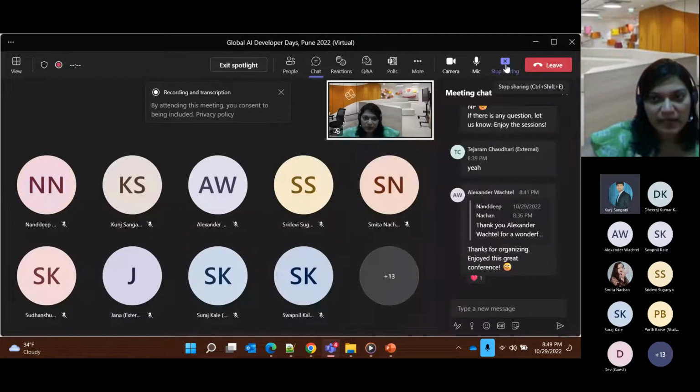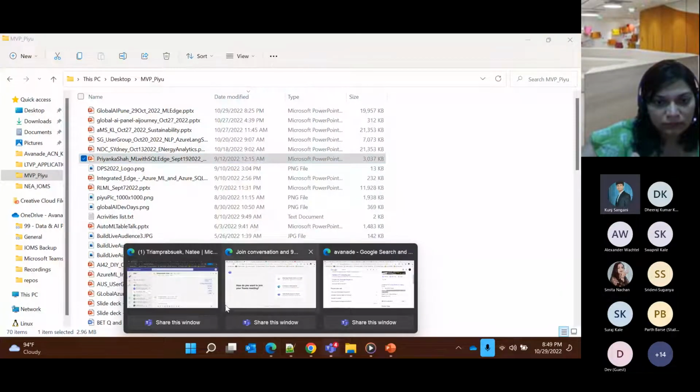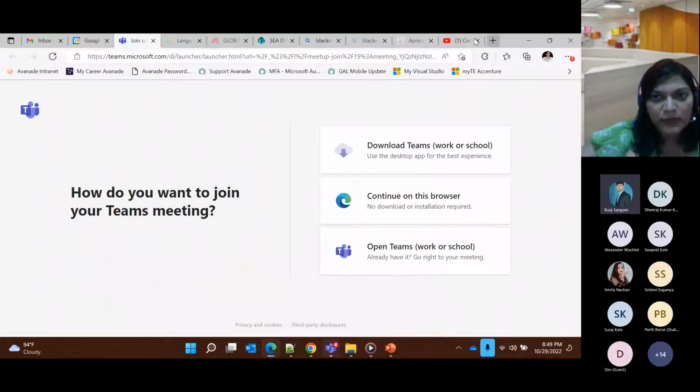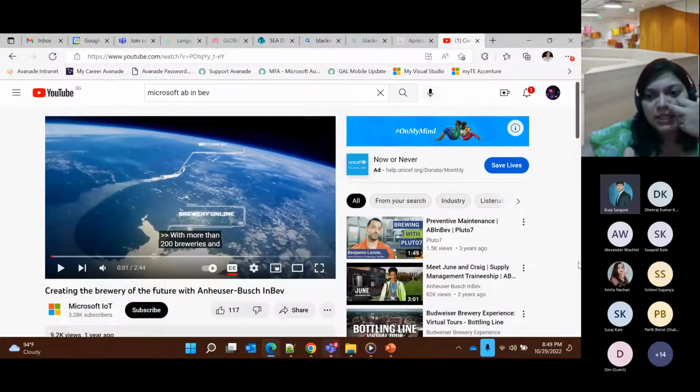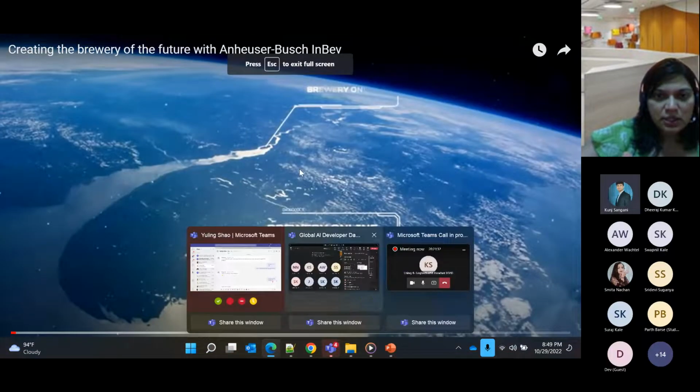I'm going to stop sharing, and share again with the computer sound so that it is easier for you to comprehend. Let me share back my screen, and here we go. Let us look at the factory of the future, and how all of this is achieved with the help of digital twin. I'm going to start.